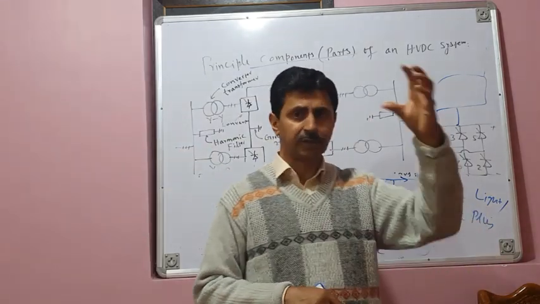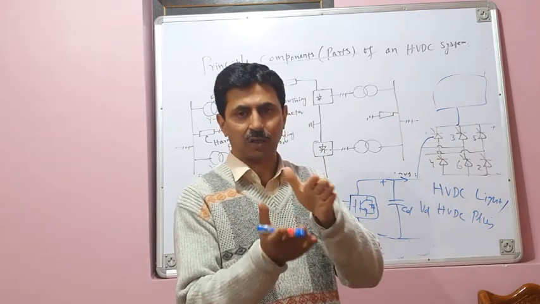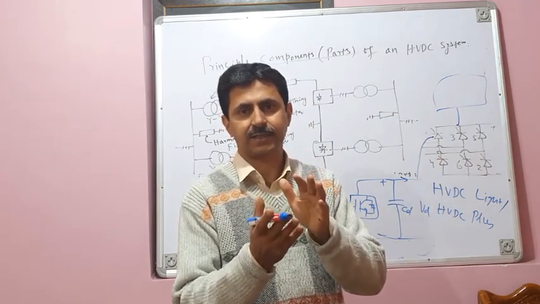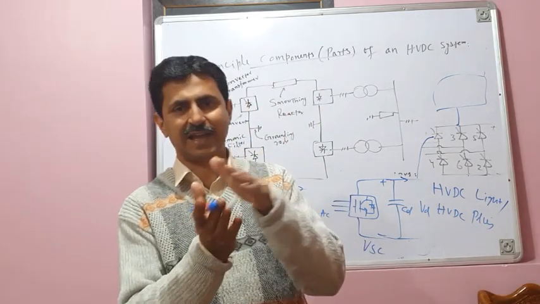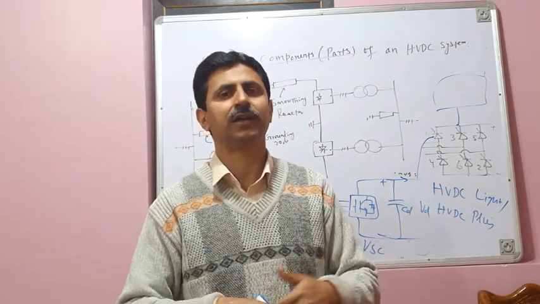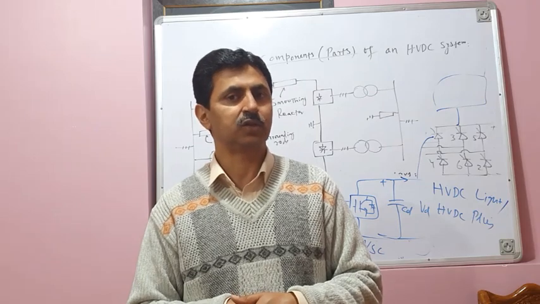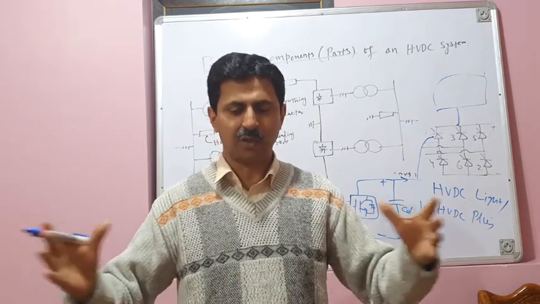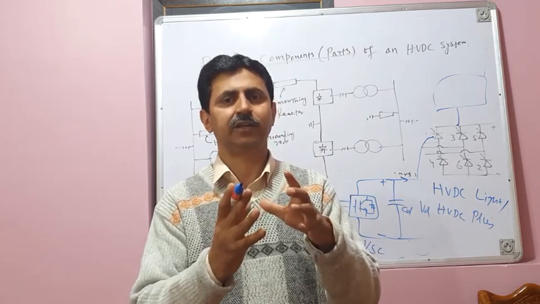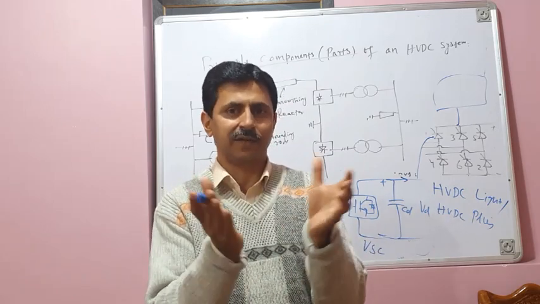This light does not mean Roshni, light means small, lighter in size. The modern HVDC systems are smaller in size, lighter in weight. That's why it's called HVDC Light, because they use PWM techniques, and using pulse width modulation techniques, the size of the magnetics drastically reduces and it becomes lighter in weight.